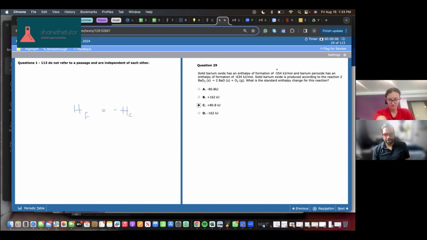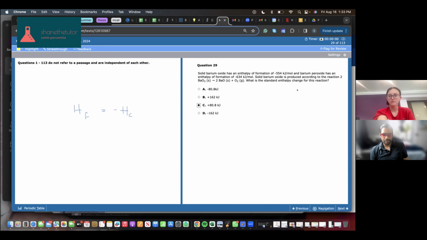If you're using heat of formation, you'll do heat of formation of the products minus the reactants. But if you're using heat of combustion, which is about breaking bonds, which bonds break in a reaction? The reactant bonds, right? So you'll do heat of combustion of the reactants minus the products. Is this one formation?